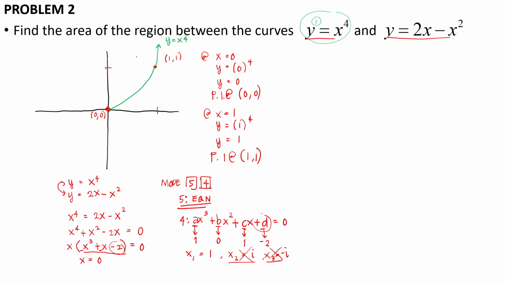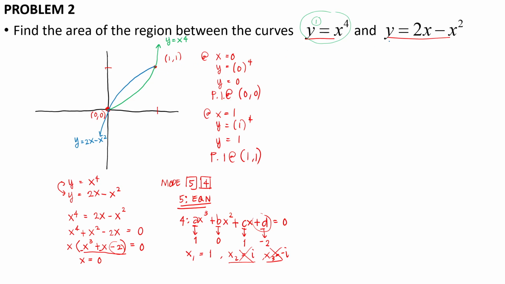So in the second graph, this is the behavior of the second graph. So it's pointing downwards. So this is y equals 2x minus x squared.